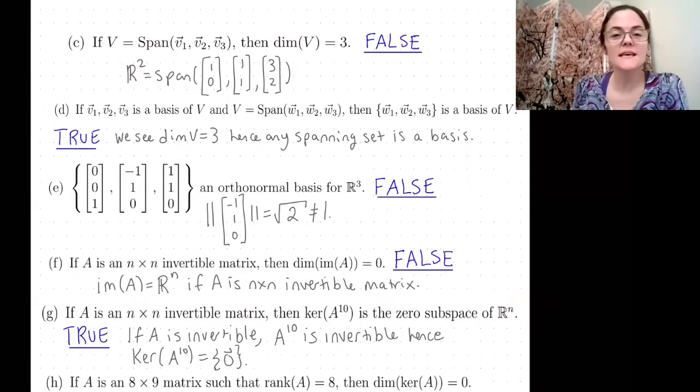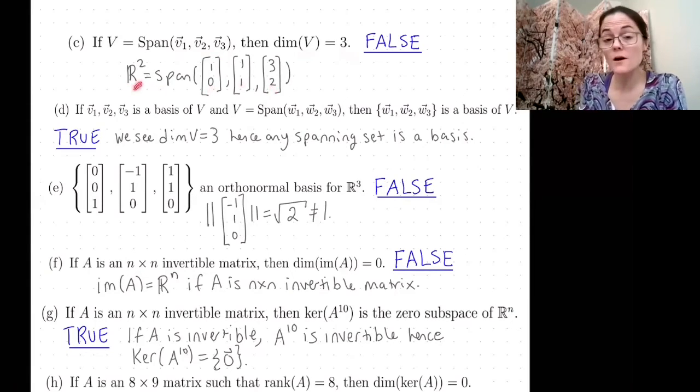Yeah, okay, C is false. It doesn't say anything about the vectors being independent. So if you knew these vectors were independent, then without a doubt, this would be the dimension. But you take any 3 vectors, and that's not the case. In particular, here's a counterexample. R2, which we know has dimension 2, is the span of these 1, 2, 3 vectors.